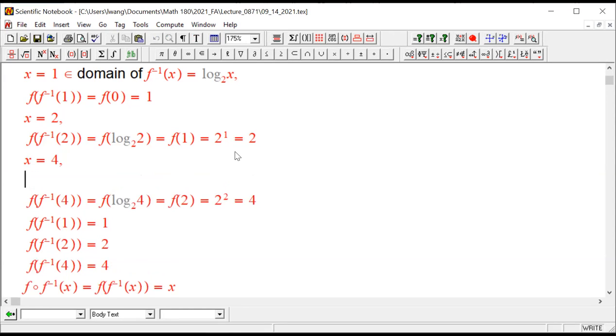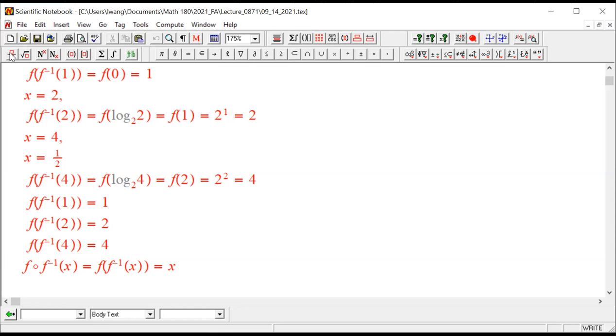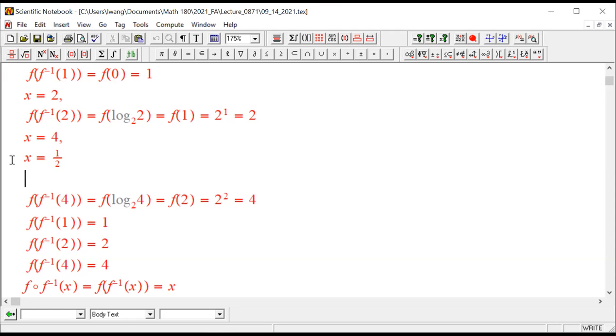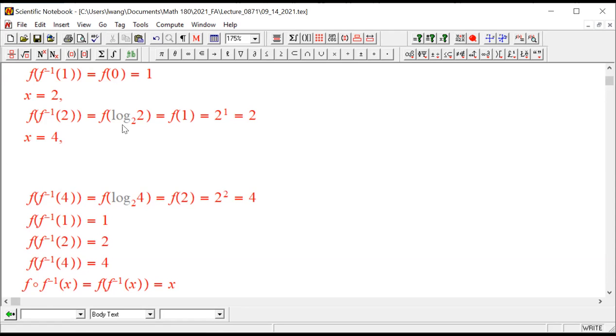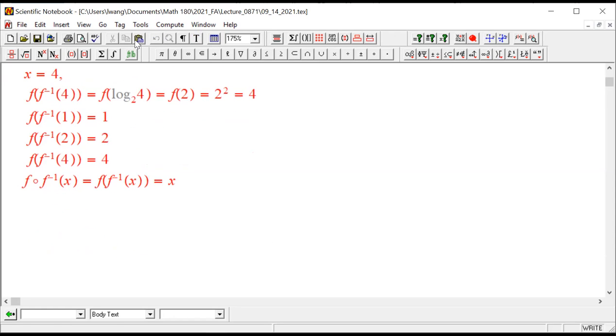We're running out of time, so I hope we can do this a little faster. I'm going to give you 2 more. One is x equals half, and the other one is x equals quarter.